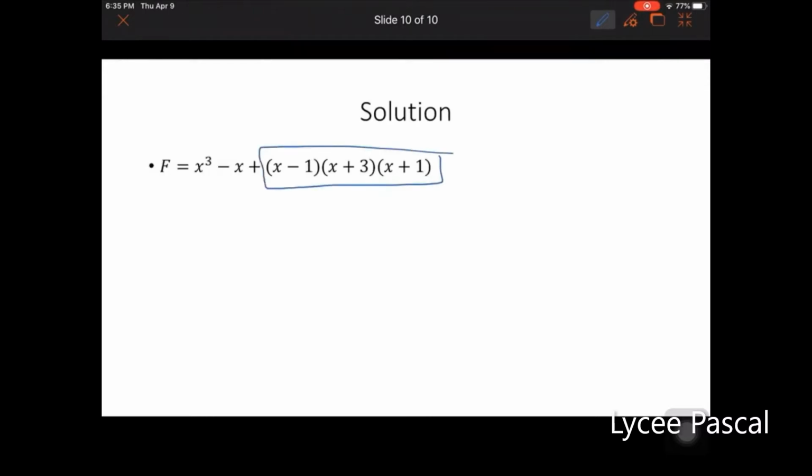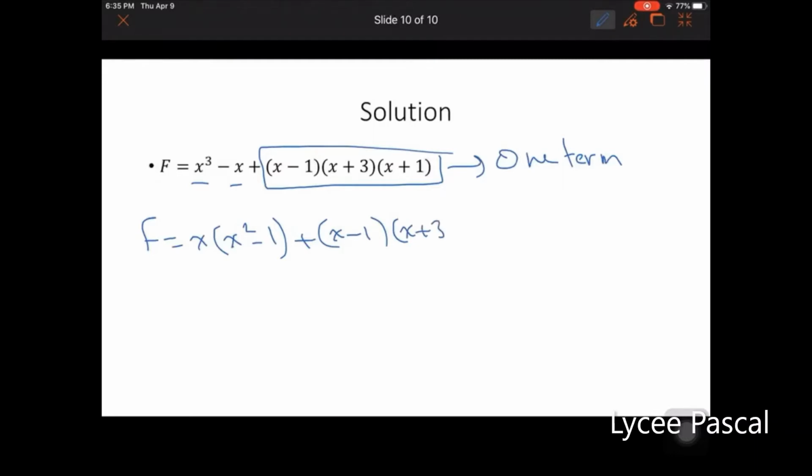So now f equals, and as you see, in x squared minus 1 this is the third identity. 1 we can write as 1 squared. So it's a direct application of the third identity: x minus 1 into x plus 1, right? Plus x minus 1 into x plus 3 into x plus 1. Now we get two blocks.